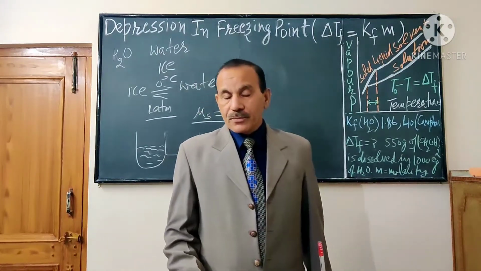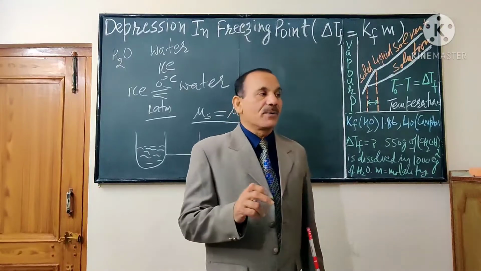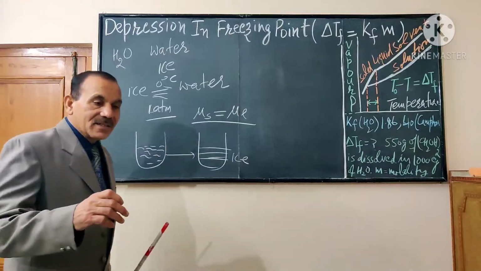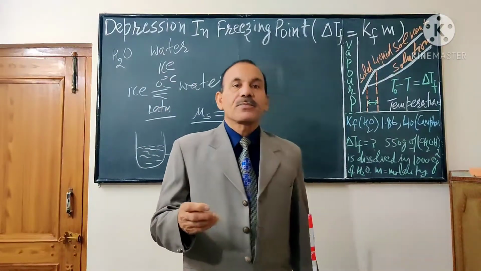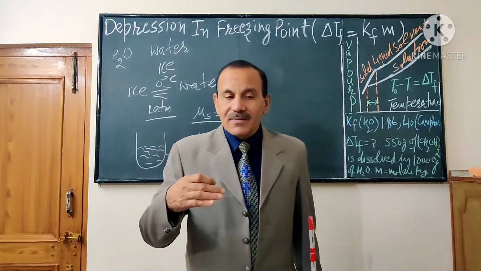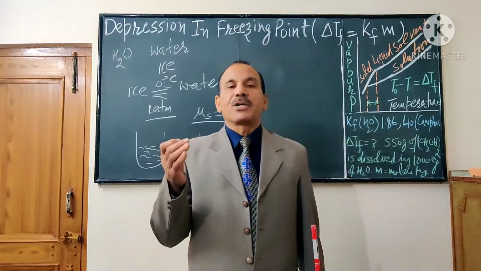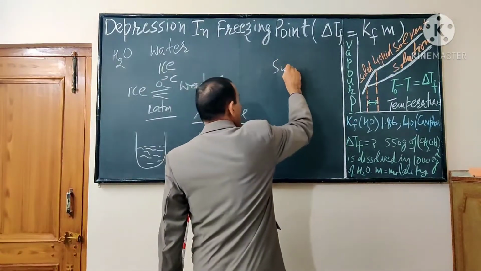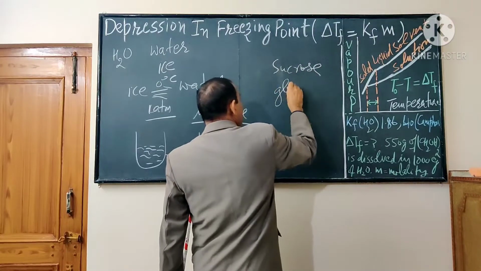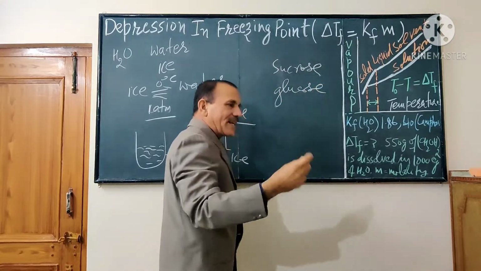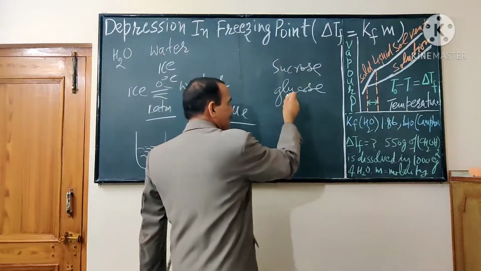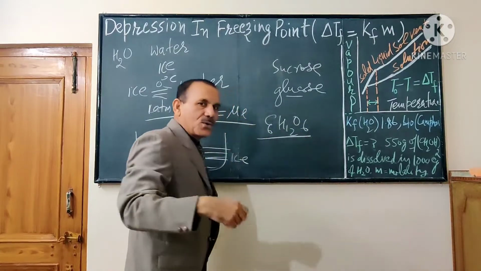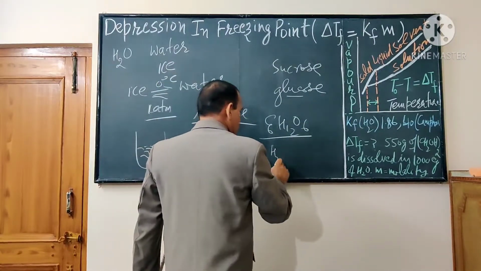Now our topic is depression in freezing point. Now to water, if we add some solute whose molecules are very big compared to the molecules of water, for example sucrose or glucose or fructose or any other compound, let's say glucose C6H12O6, it is a very big molecule compared to water molecules.